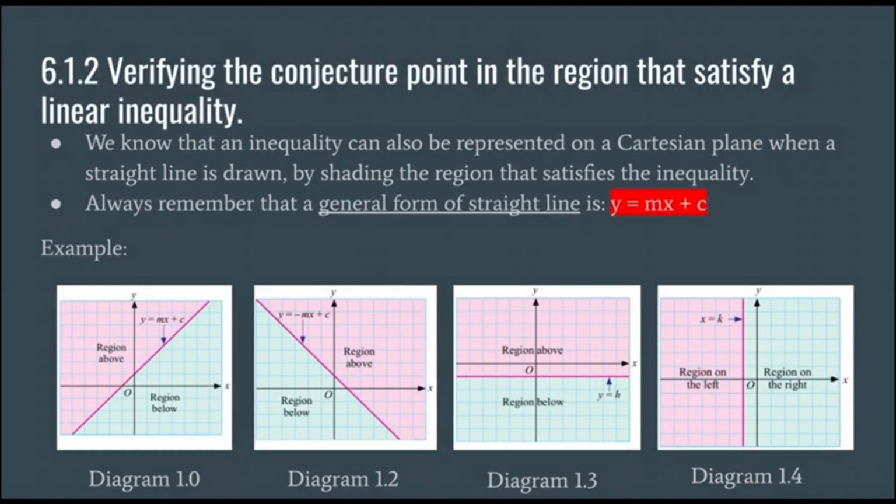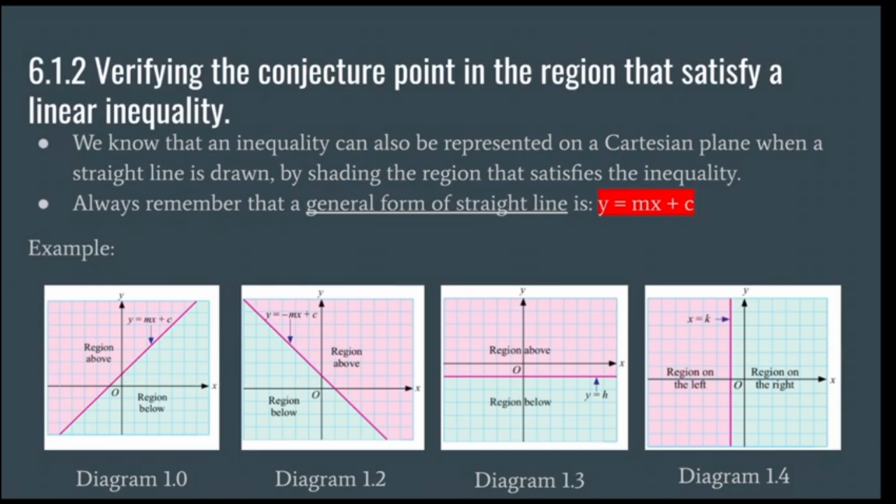We need to always remember that a general form of straight line is y equal to mx plus c, as we know that y is the y-axis. M is the gradient of the line, x is the x-axis value, c is the y-intercept.